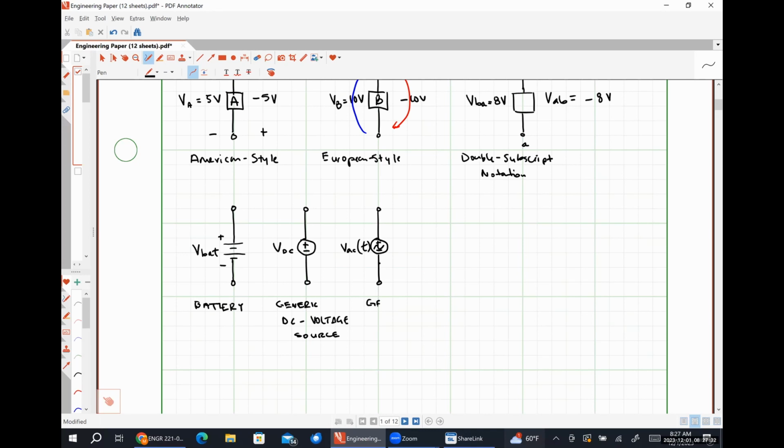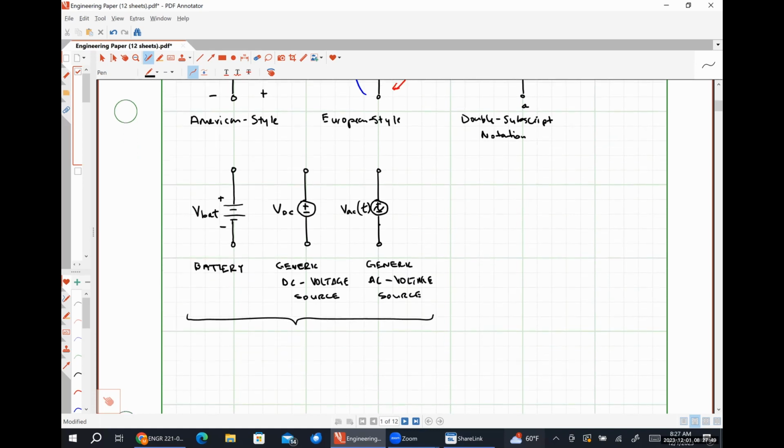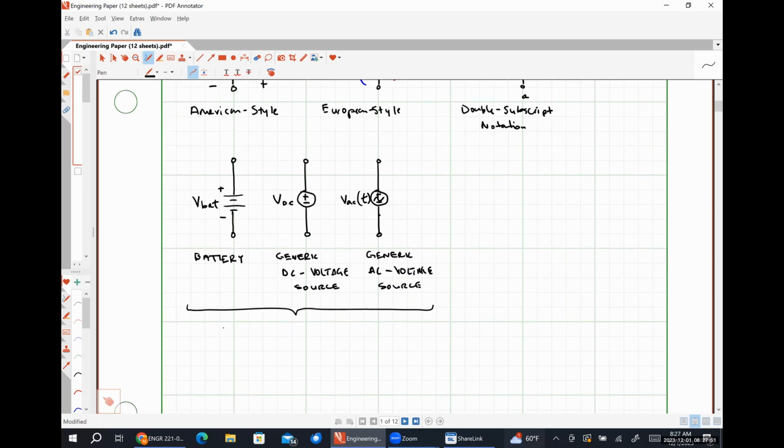So this guy right here is our generic AC voltage source. And these three sources are what are known as independent sources.